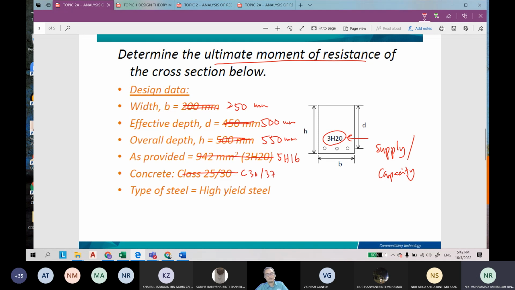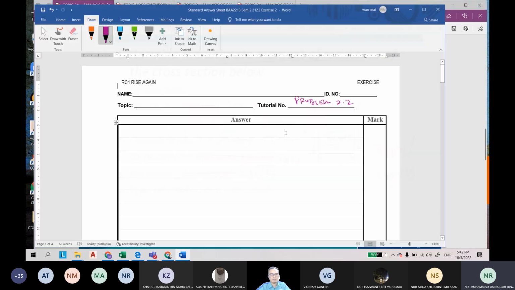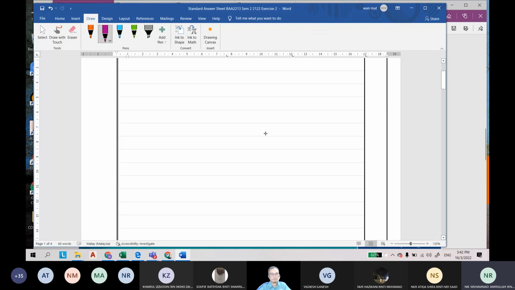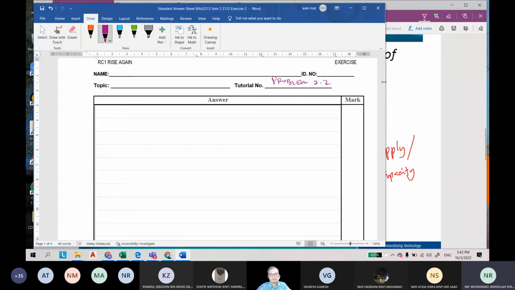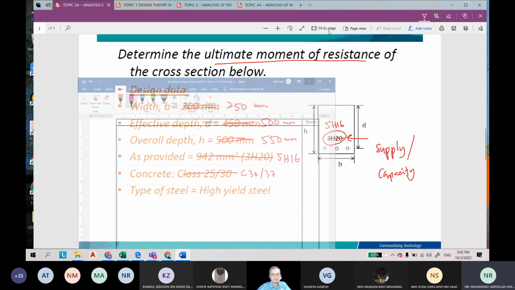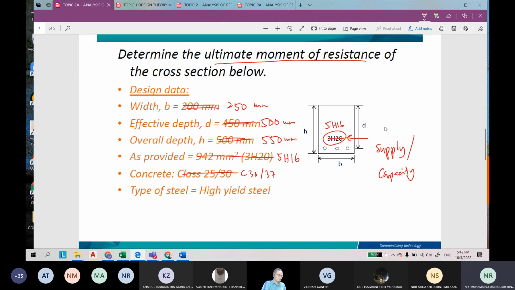I give you 1 minute to write down this information. Let's say this one is 5H16. So we want to know the capacity. For this week we only cover the rectangular shape of the beam. I give you 1 minute to write this down on your paper. Okay, you write down 1 minute.